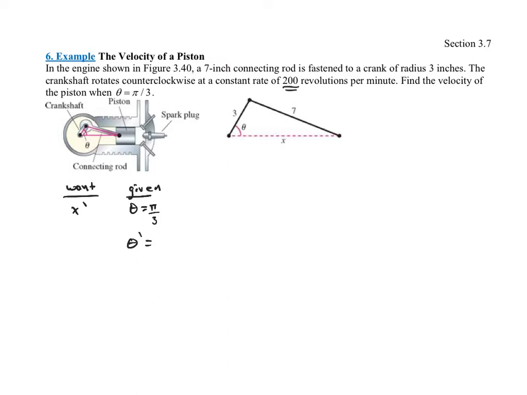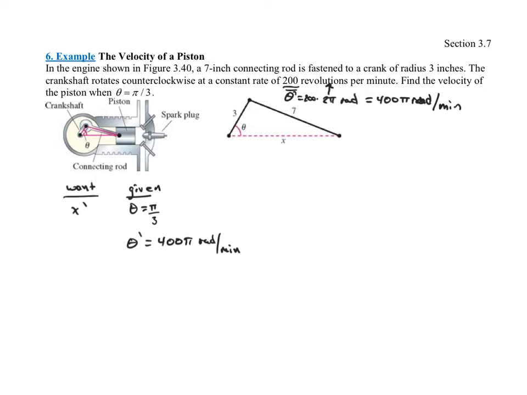Well, a revolution is 2 pi radians. So theta is changing at 200 times 2 pi radians. So that would be 400 pi radians per minute. So theta prime would actually be 400 pi radians per minute is how far the angle would change.